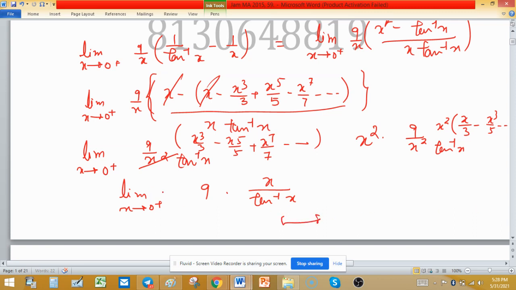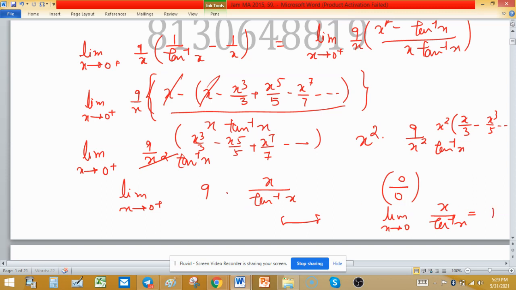After putting the limit as 0 directly, we obtain 0 by 0 form. So we can apply, or normally we know, if limit x tends to 0 positive, then x upon tan inverse x is equal to 1.